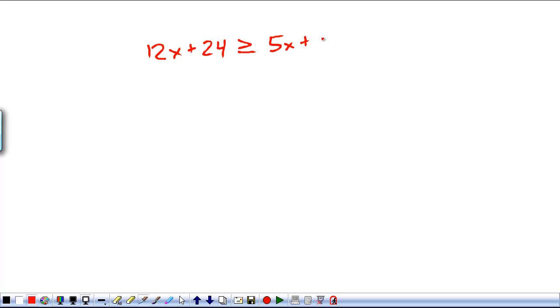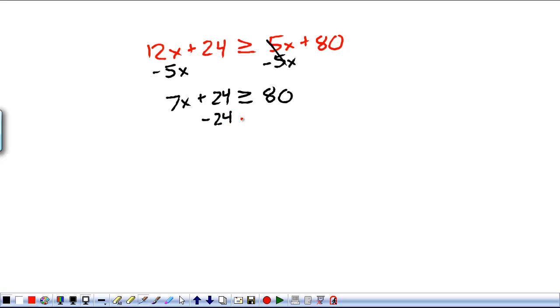Continuing to solve here, we can subtract 5x from both sides and get 7x plus 24 is greater than or equal to, those cancel out, 80.